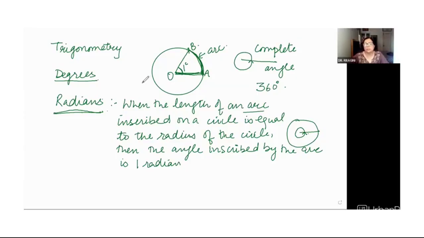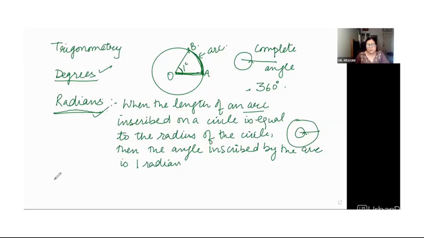Now, what is the relationship between these two different measurements of angles? How do we relate them? See, by this definition only, I'm coming to find the relationship between this and this. When the length of an arc is described by a circle, that means if we are talking about the whole circle, right?